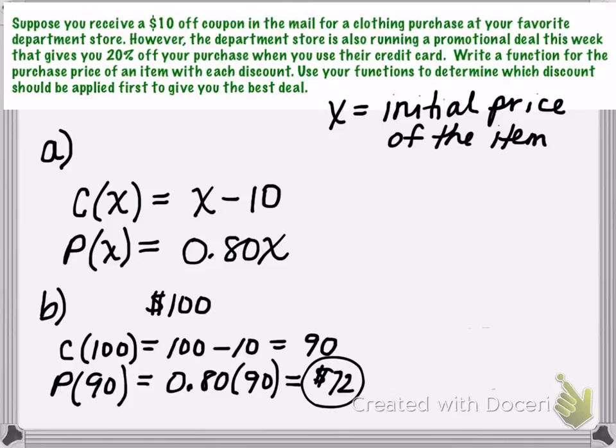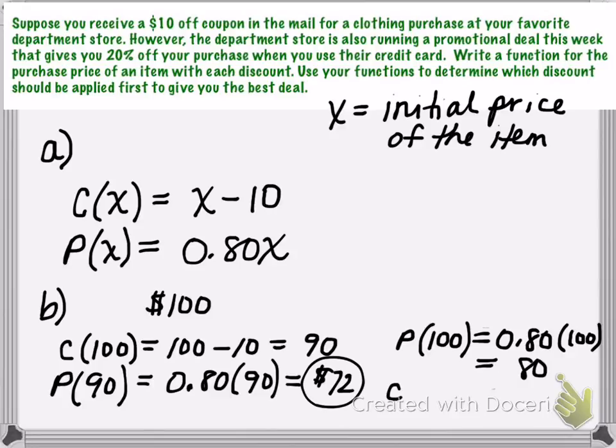But if you did the percentage first, so let's say you start with your $100 item. The percentage first means that we'd get 20% off that $100 item. So now that item's going to cost $80. And then if I use the coupon on my new $80 item, I'm getting $10 off that $80 item. So now my final purchase price is $70.